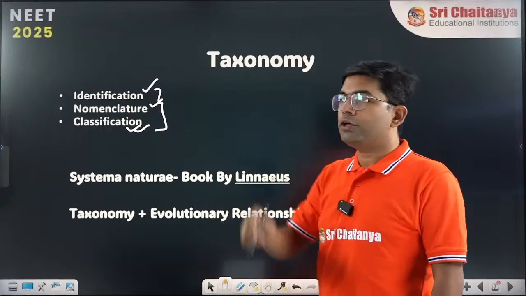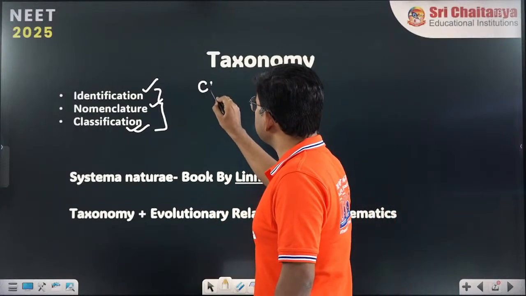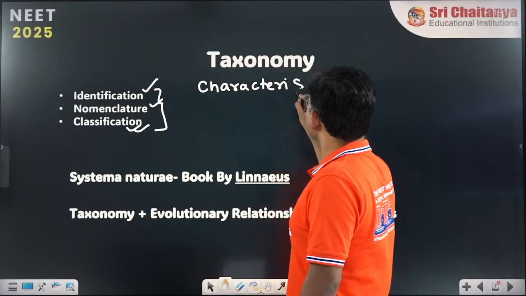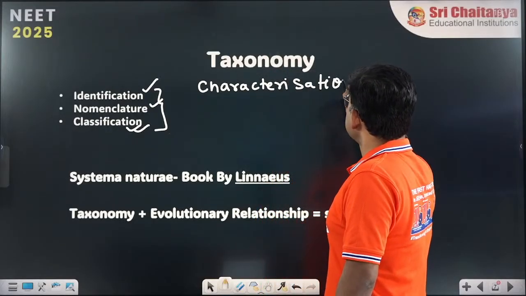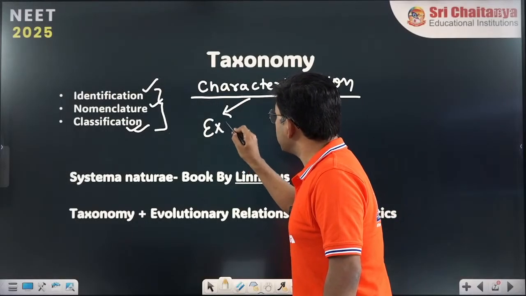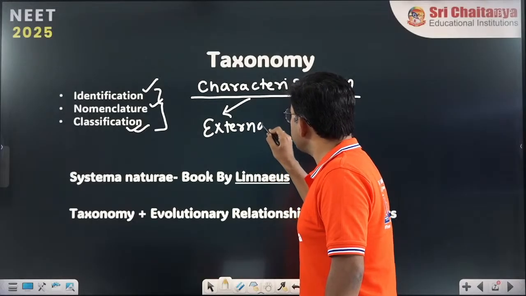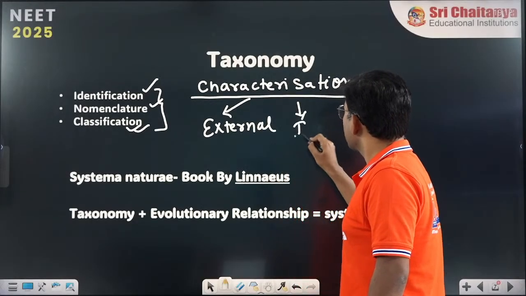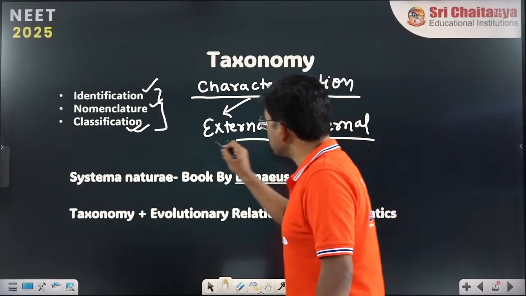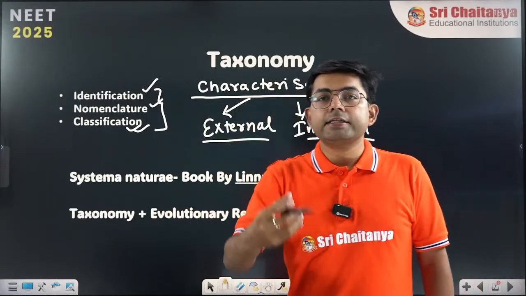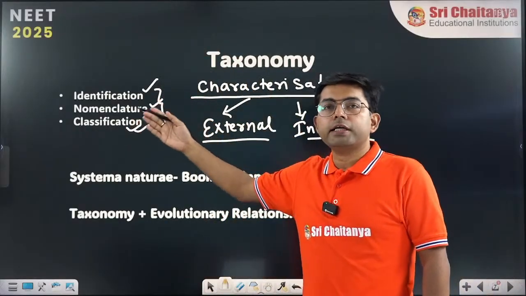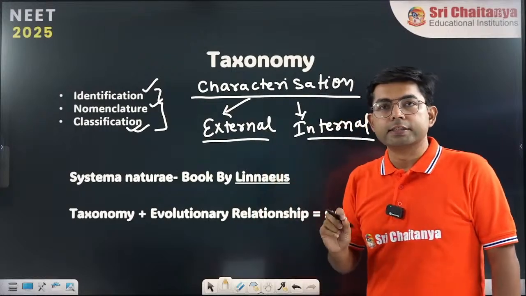Here one important word was also used, and that was characterization. Characterization means on the basis of external and internal features. On the basis of their external and internal features, their different characters are analyzed and accordingly they are identified, their nomenclature is done and then they are classified.